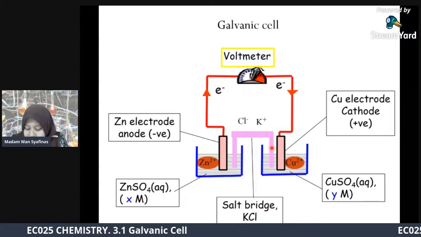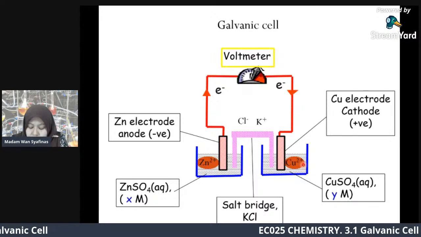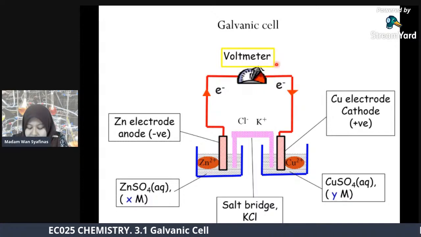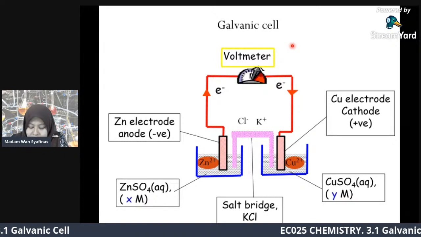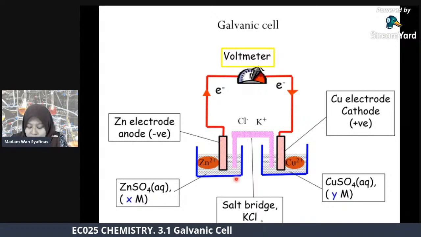So copper electrode is immersed in copper 2+ aqueous ion. These two electrodes are connected by voltmeter. Okay. So we have voltmeter here to detect the voltage of the cell. Then we also have the salt bridge. For the salt bridge, we use KCl, potassium chloride.